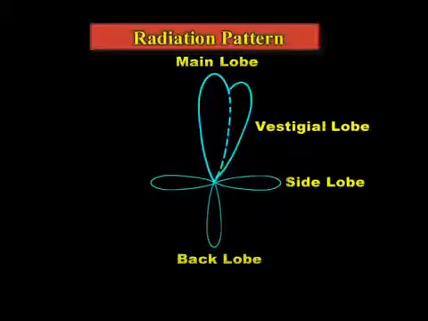To see this in an animated way, let us have a look at the animation. Now, if you see from this animation, the signal is getting distributed in the space. It has its angular distribution at a fixed radial distance, out of which one of the directions has the maximum signal. The direction which has the maximum signal is called the main lobe.